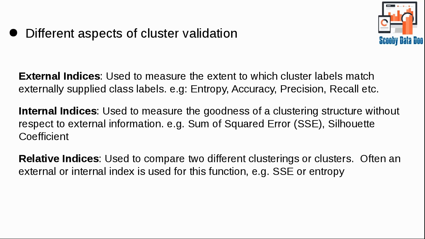Yeah, so actually you make comparisons among several clustering scenarios. That is the relative indices. All right, so now we will talk a little more about the external indices, and if you get your understanding clear with this topic, you will get your understanding clear with the others too.